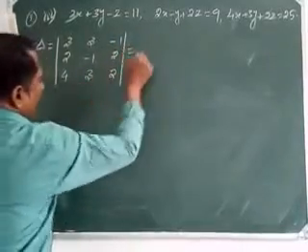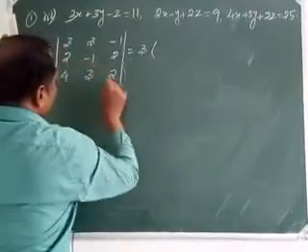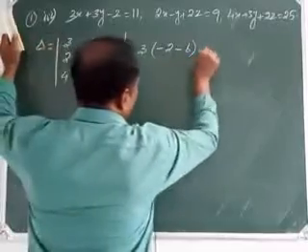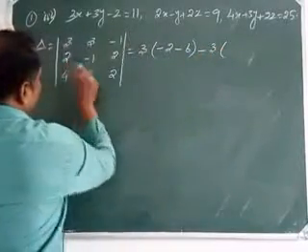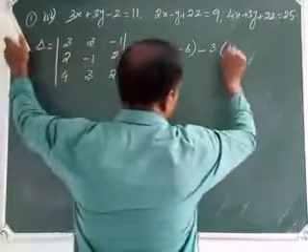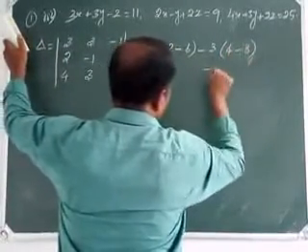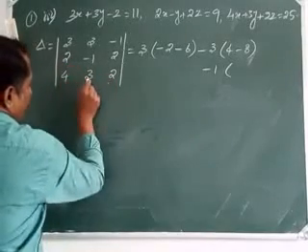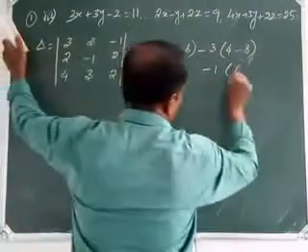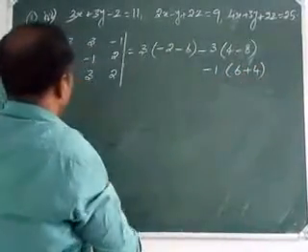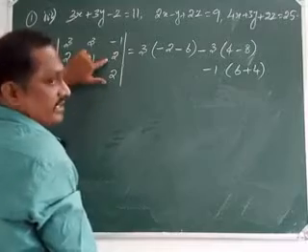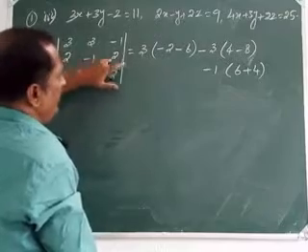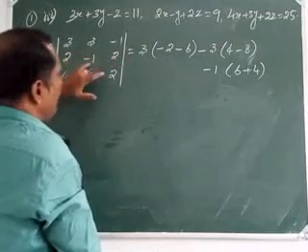Expanding, 3 into minus 2 minus 6, minus 3 into 4 minus 8, and minus 1 into 6 plus 4.